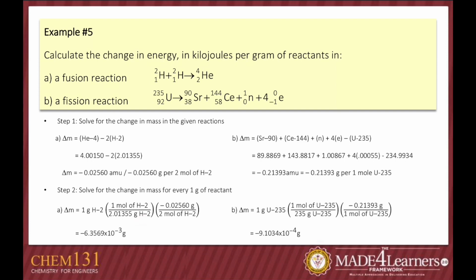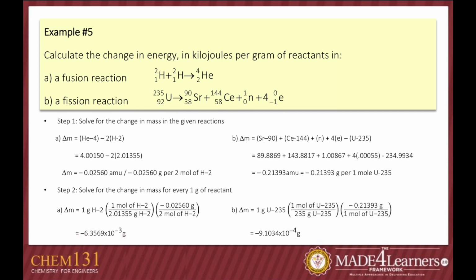And there is a change of 0.02560 grams for every 2 moles. So we get a change in mass of 6.3569 times 10 to the negative 3 grams. There is a mass discrepancy, meaning energy is released.